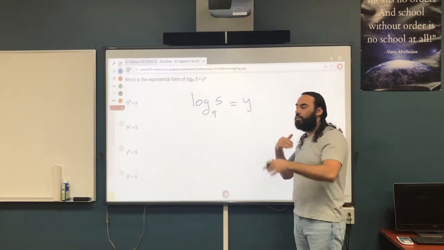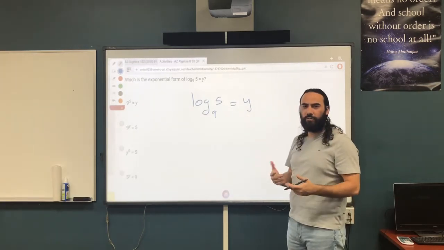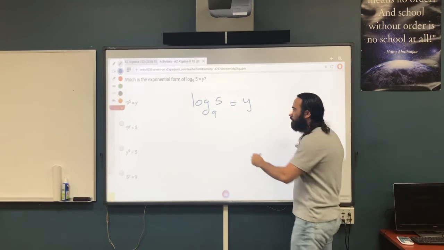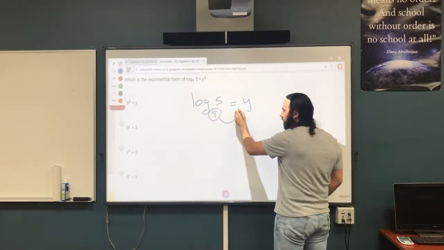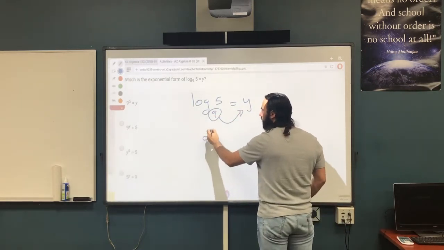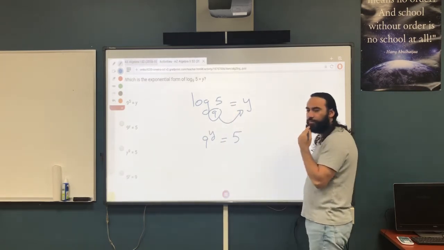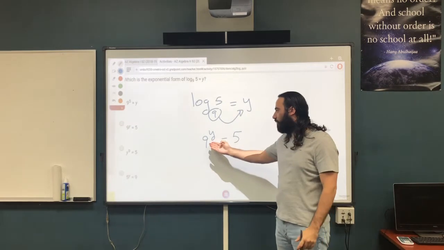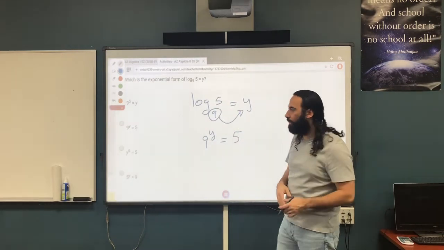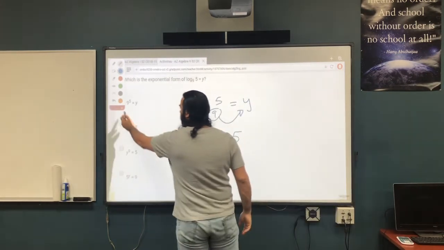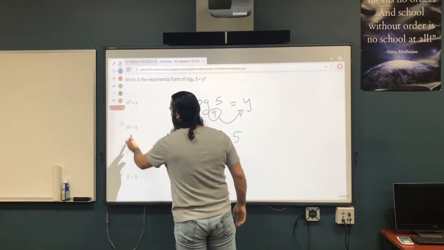We need to change it to the exponential form. The same thing we just did. 9 to the power of y equals how much? 5. That is the exponential form, and that is the logarithmic form. It's the same thing. 9 to the power of y equals 5.